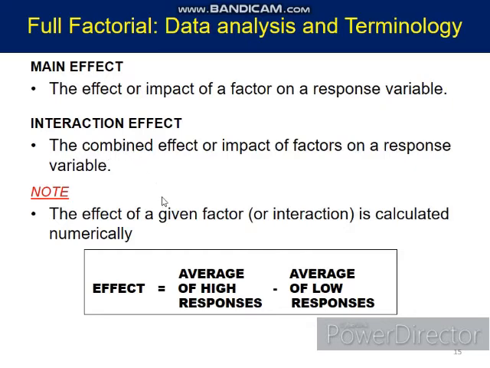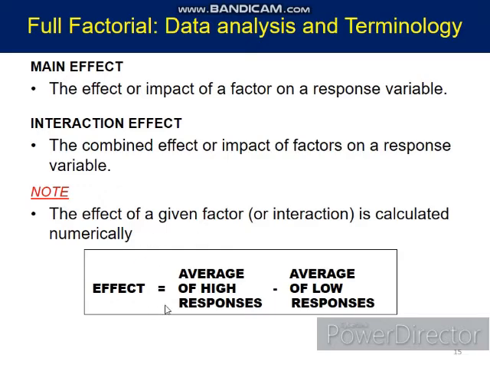If the interaction effect is much more significant compared to the main effect, then you need to use the result of the interaction effect to determine the optimum conditions, the optimum setting, for that particular process.